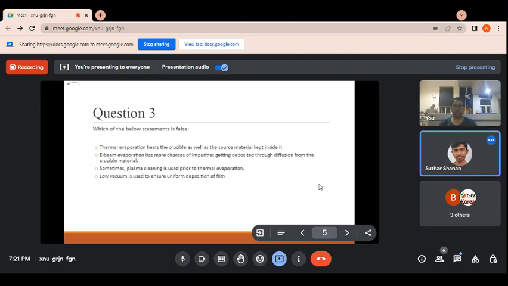Basically, option 1 is, I think, true. Thermal evaporation heats the crucible and the source material. Okay, it's true. Small chance of the impurities.